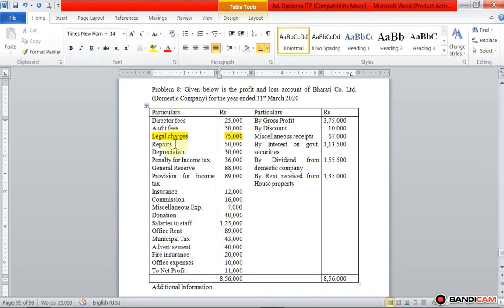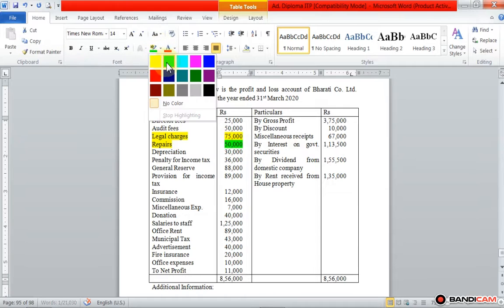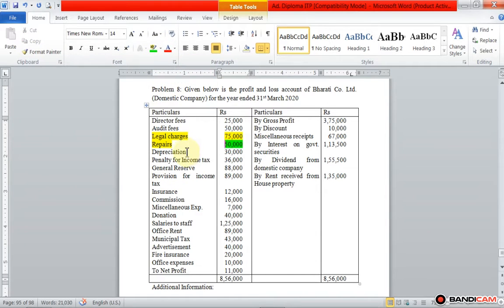Then repairs, all the repairs relate to the house property, amounted to rupees 50,000. Then depreciation: no adjustment or additional information was given, so the depreciation is allowable expenditure.